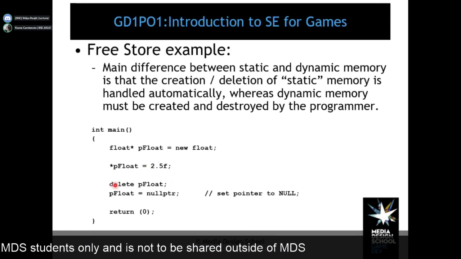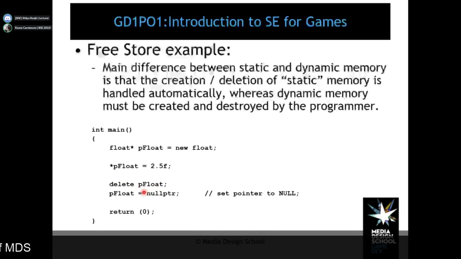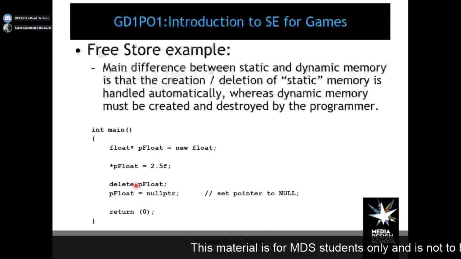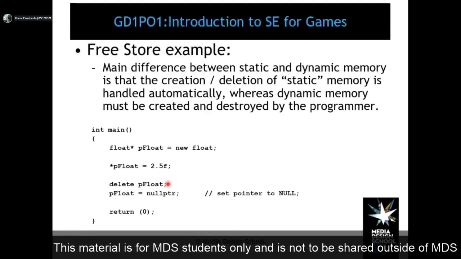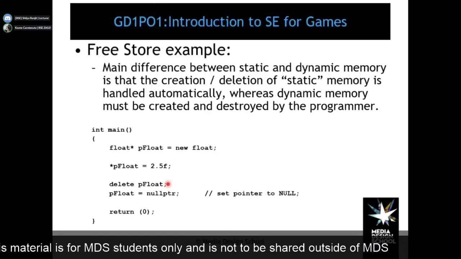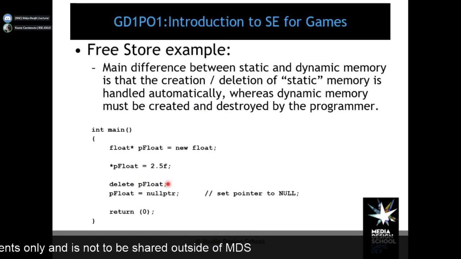After I'm done with that, I'm just doing a delete because I want to give the memory back. And since I'm not doing anything else with pFloat and I don't want it to be a dangling pointer, I'm saying pFloat is equal to nullptr, or you can also simply say pFloat is equal to 0. All right. So that is an example of free store. This is something that you'll be using for a lot of things going forward.